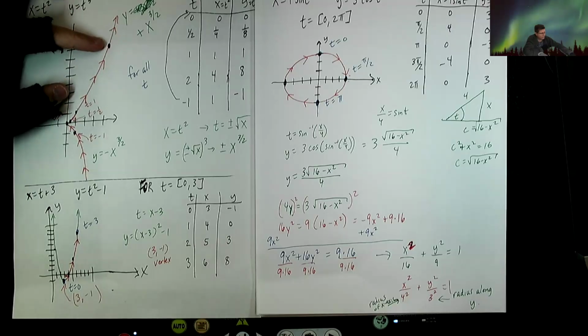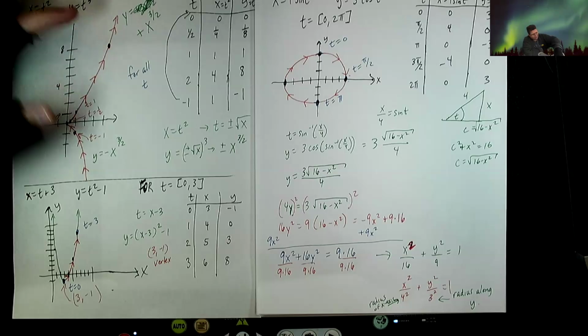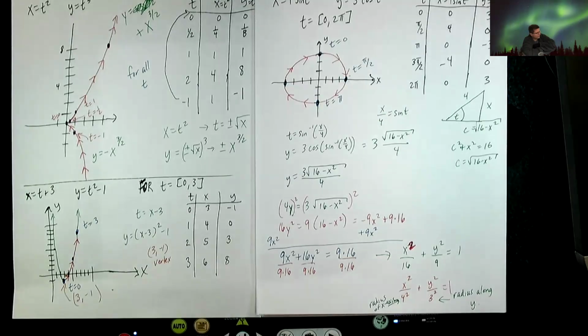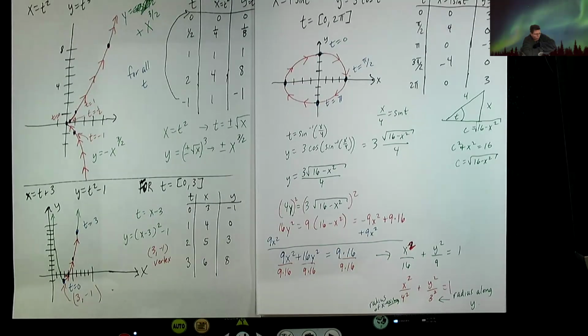So the amount of distance covered was not uniform. It wasn't equal each time step. Here, it kind of looks like it is. Every pi over two, we made it a quarter of the way around the ellipse. So you can't always tell by looking at it if t is going to give you equal steps along the graph.